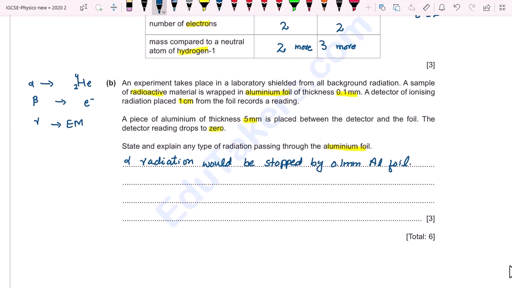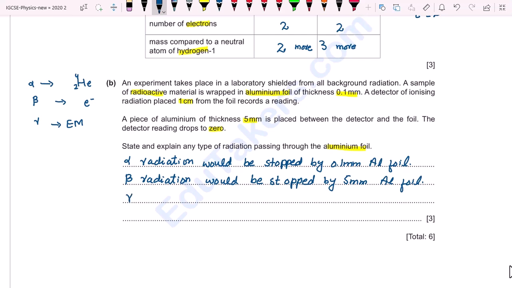Second, beta radiation would be stopped by 5 mm aluminium foil.